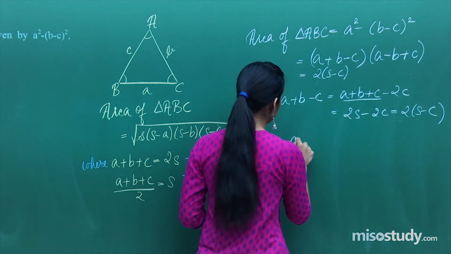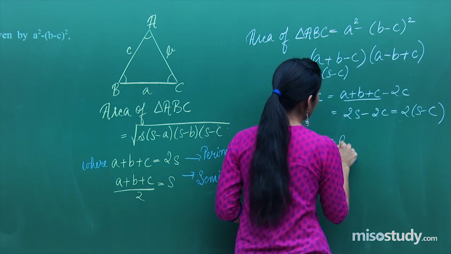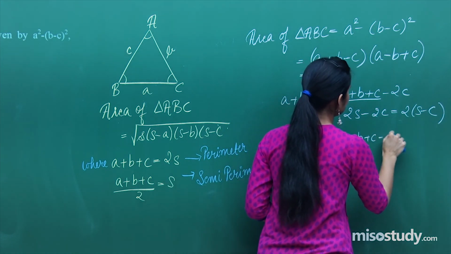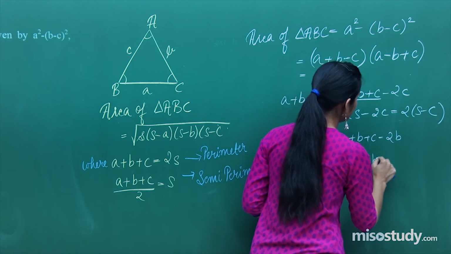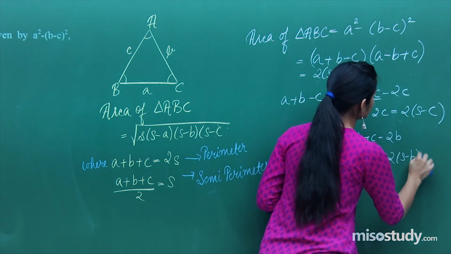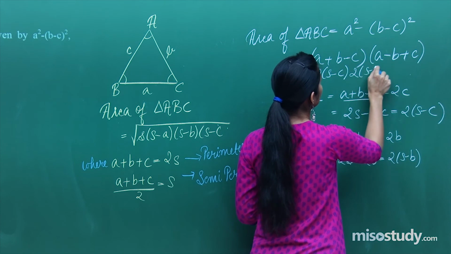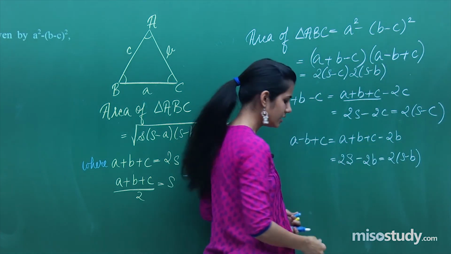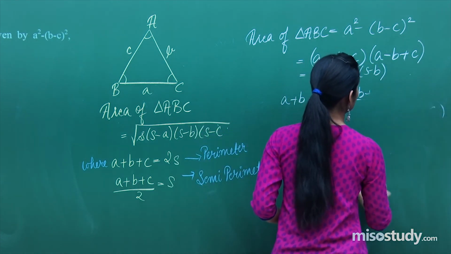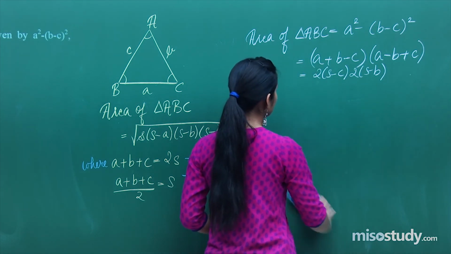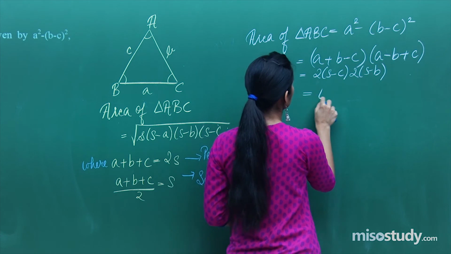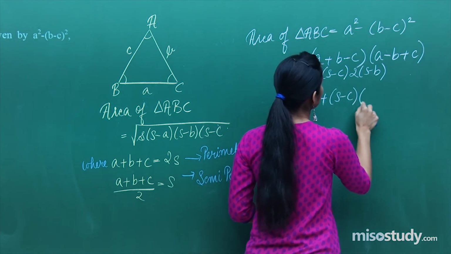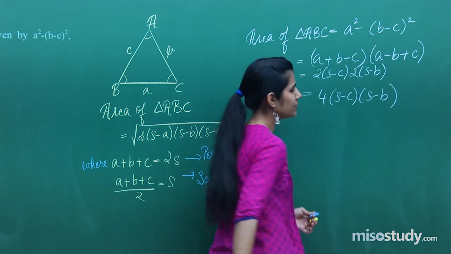Then a minus b plus c, I can write as a plus b plus c minus 2b, which is 2s minus 2b, which is twice of s minus b. That is how I simplified this expression, which gives you 4 into (s minus c) into (s minus b).